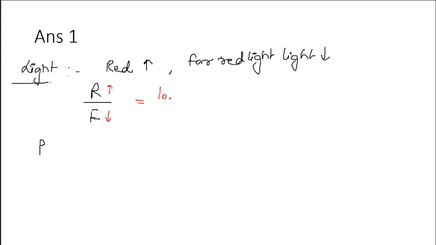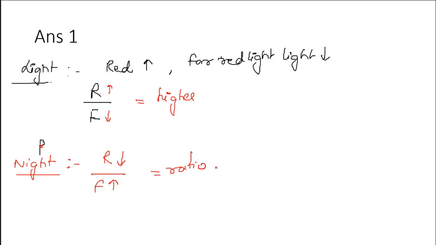During night, red light is less, but far red light is more. This is a general basic concept: if the denominator is higher, then the ratio becomes lower. So the ratio is lower because far red light is more during night. I can also relate it with shade or under the canopy. So the ratio will be lower here, and higher there.